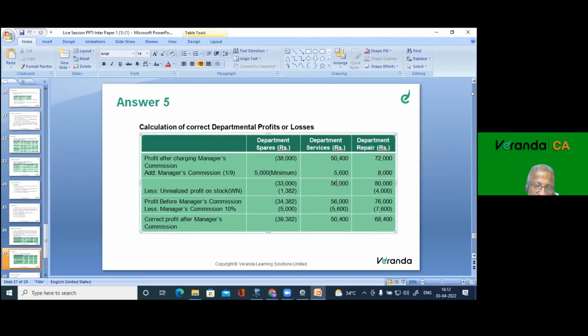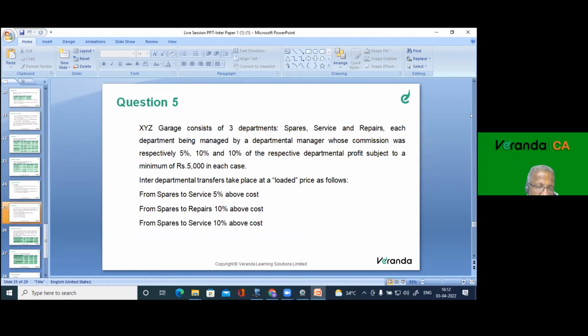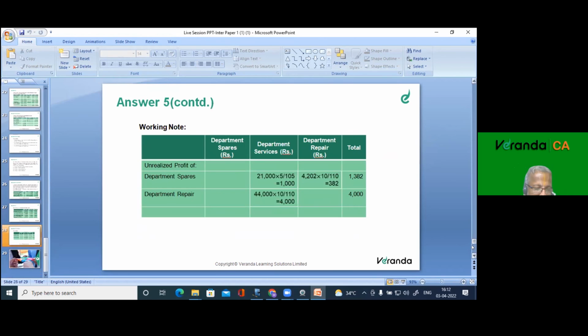So here is a place where they have just brought the information regarding unrealized profit, working note number 2, which is coming up later. So as we have just done from spares to repairs, 4,202, that I was just telling you, from the previous slide.